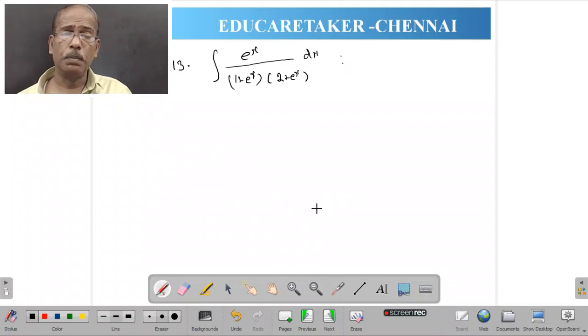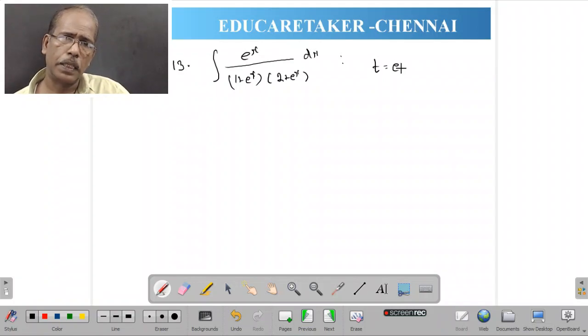So this can be reduced by applying partial fractions. Let us take t is e power x, and the differential of t, dt, is the differential of e power x, dx.